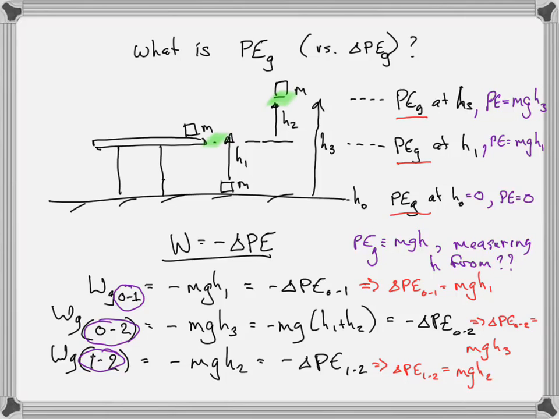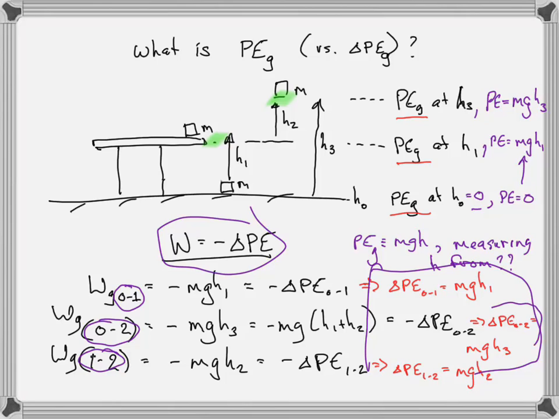Let's make sure the delta PEs make sense in this case where we've defined h equals 0 at the floor. The change in potential energy from 0 to 1 is indeed mgh1 minus 0. It's mgh1. The change in potential energy from 0 to 2 is mgh3 minus 0.